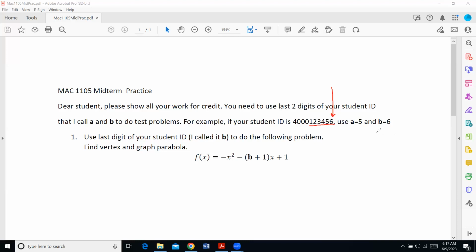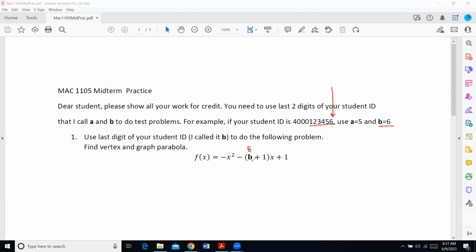So I call it a letter B here. So if your last digit is 6, then you would just put 6 here. If your last digit is 0, you put 0, or if it's a 9, you put 9.